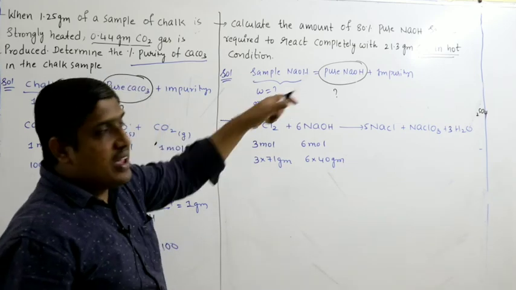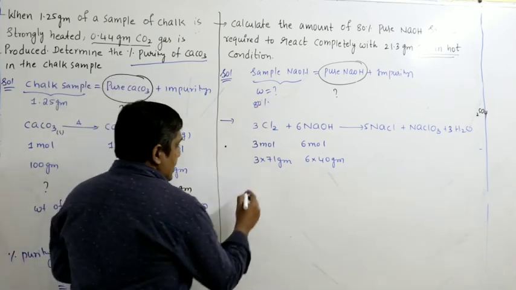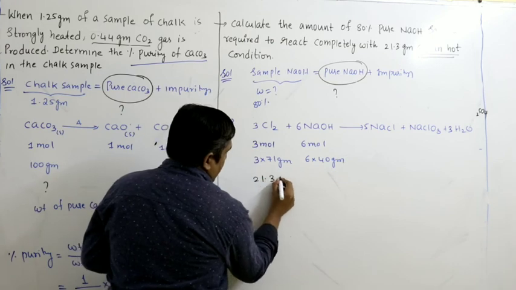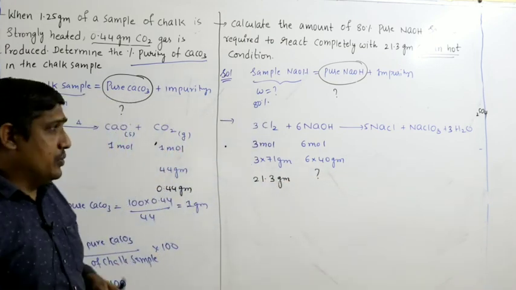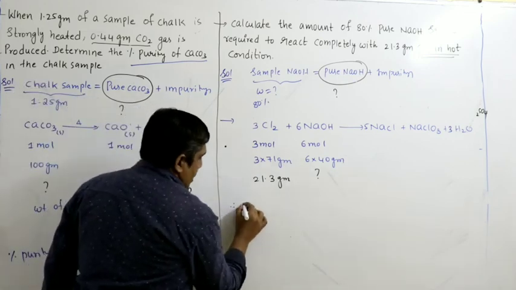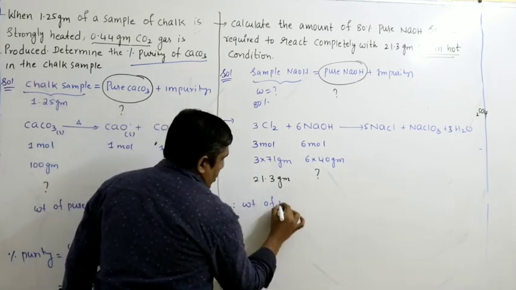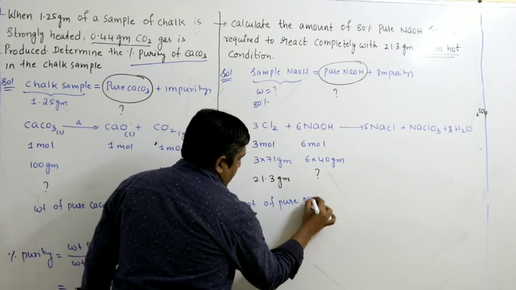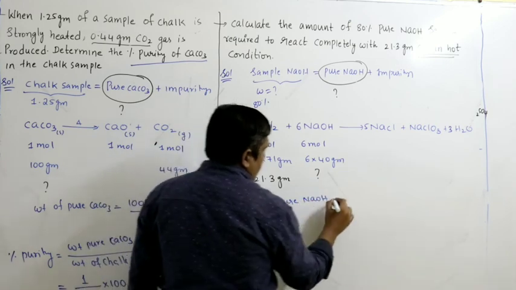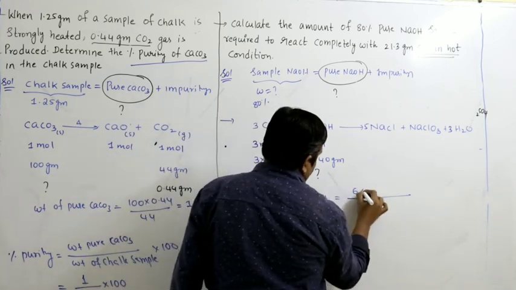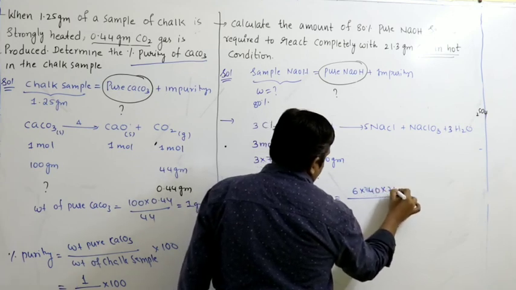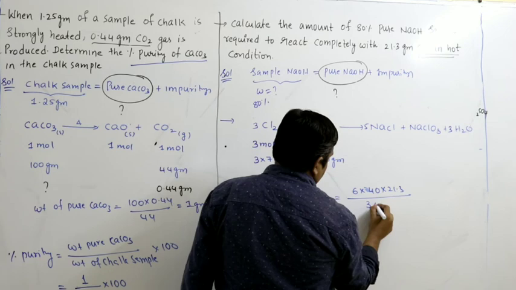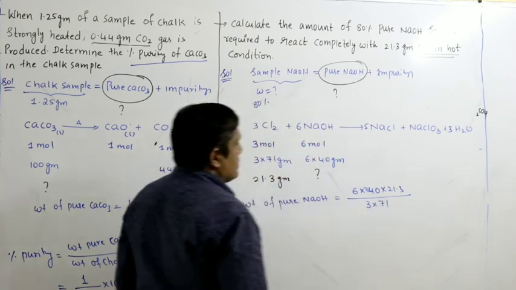But how much chlorine do we have? 21.3. It requires how much amount of pure NaOH? So weight of pure NaOH is equal to 6 into 40 into 21.3 by 3 into 71.